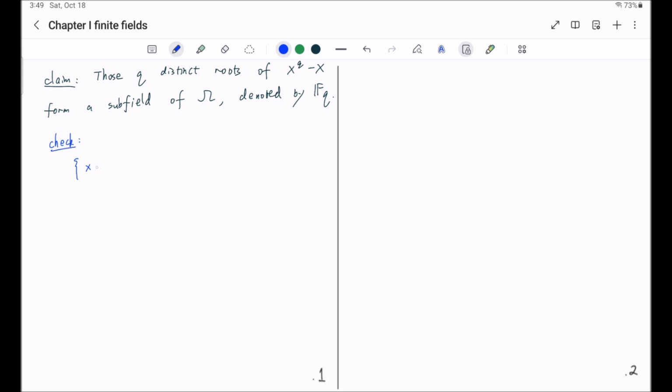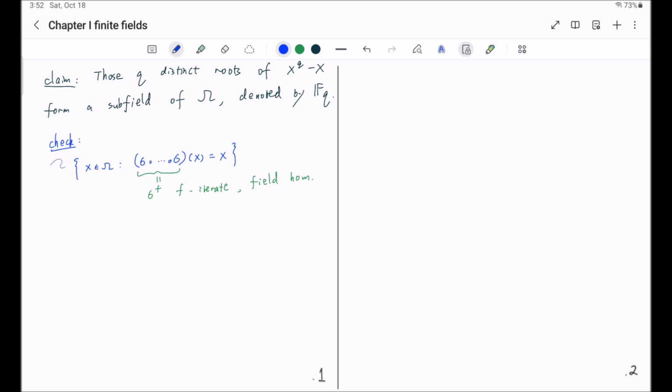This is because if you look at the collection of the fixed points of this automorphism, this is sigma to the f iterate. And we know this is a field homomorphism. Because this is a field homomorphism, it preserves the sum, product, and the inverses, both multiplicative inverse and additive inverse.